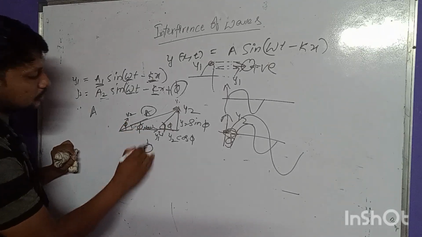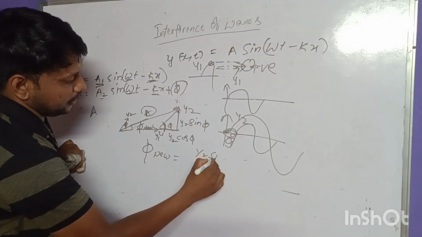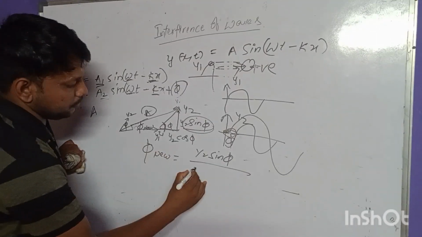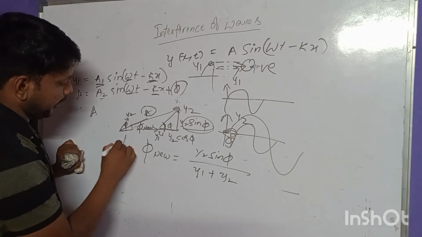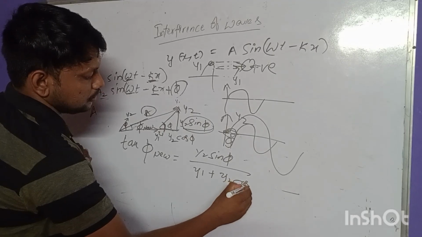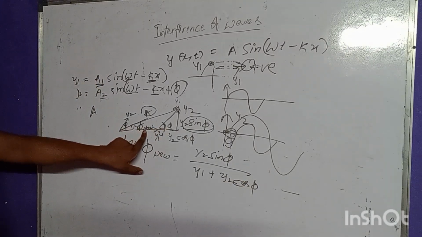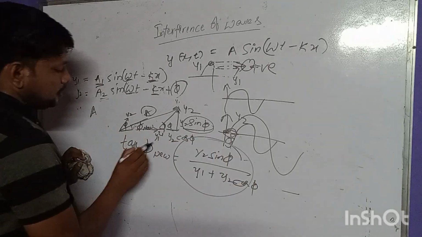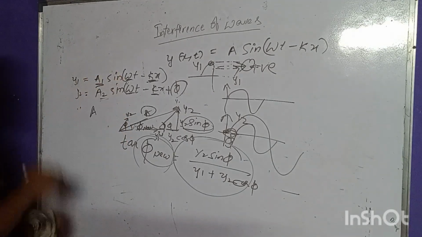Phi nu is equal to y2 sin phi by y1 plus y2 cos phi, tan phi nu, right? This new phi, this is the phase, new phase for the resultant wave, right?